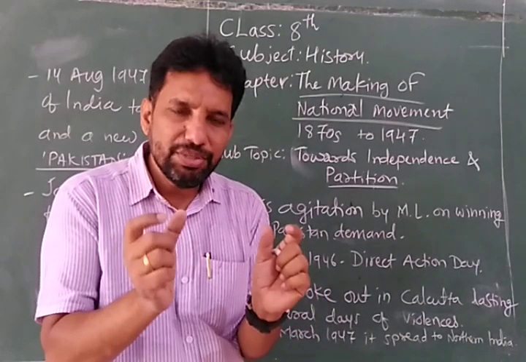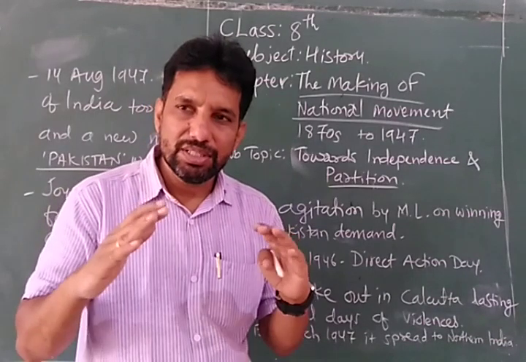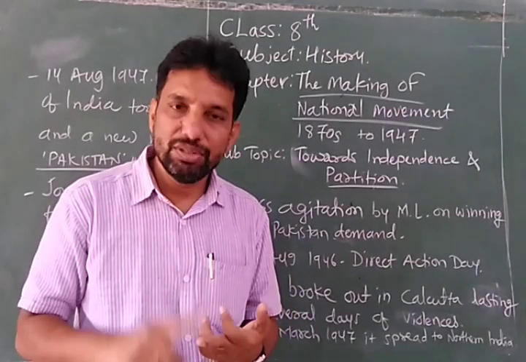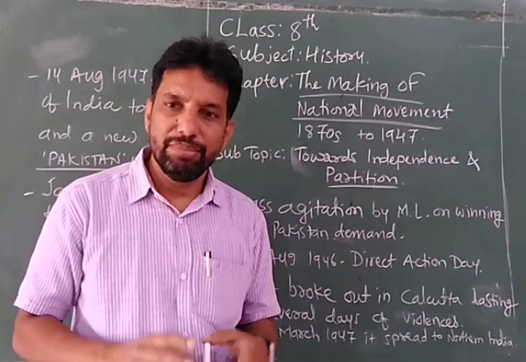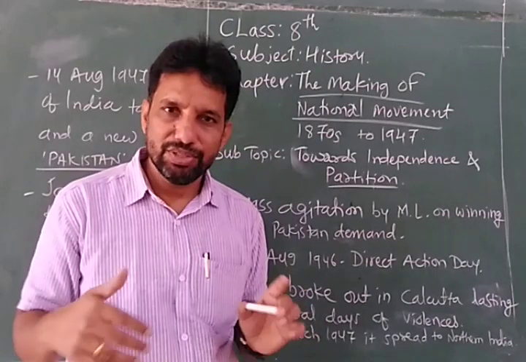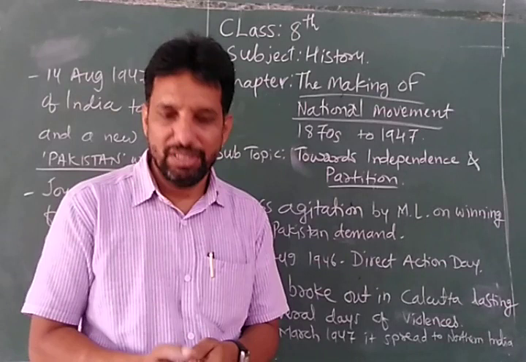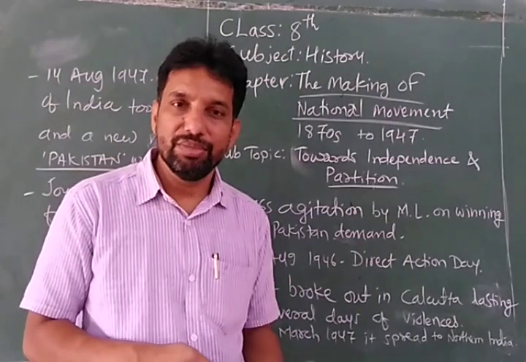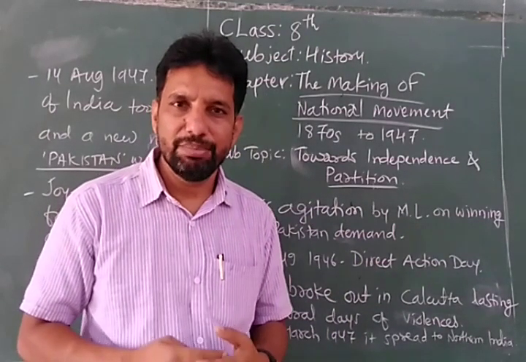Though it was limited to some cities, subsequently this spread throughout the country, and not only one class, not only tradesmen or businessmen or rich or poor, every Indian began to think that British rule is a foreign rule, and we must have our own rule by our own people. The INC was also formed in 1885, the Indian National Congress. Even revolutionaries used their methods to give freedom. So all these mixed efforts finally gave us independence in 1947.